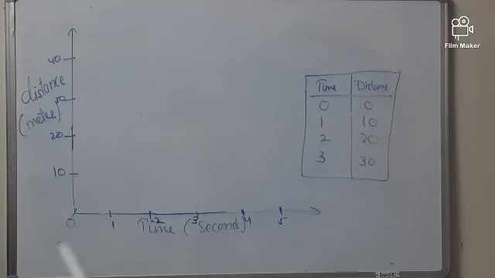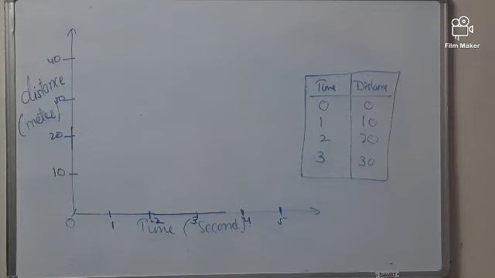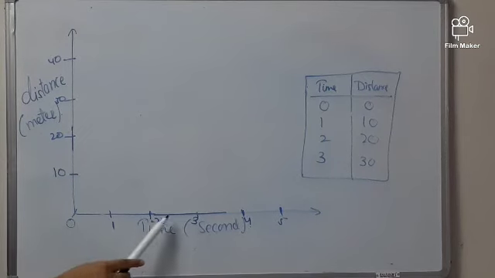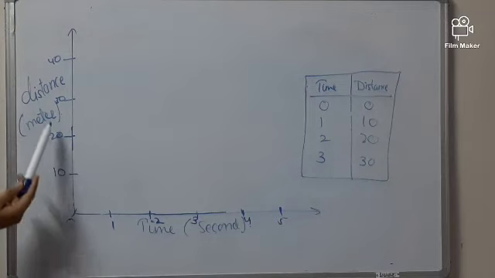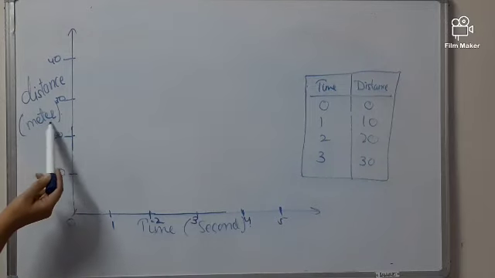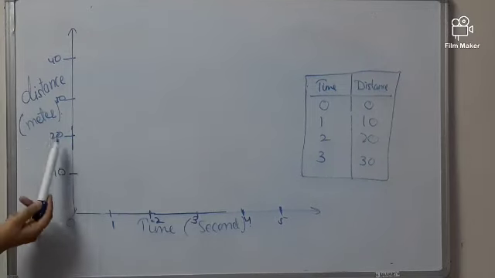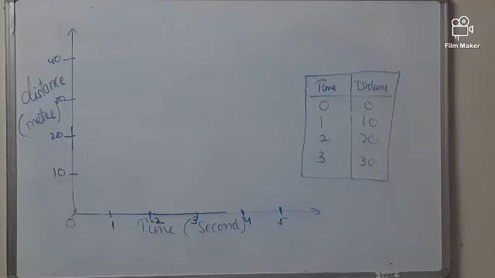With time I have written second, so these 1, 2, 3, 4 are not hours or minutes. They are seconds: 1 second, 2 second, 3 second, 4 second and so on. Similarly on the y-axis, distance is not 10 kilometer, 20 kilometer. I have written meter here, so this is 10 meter, 20 meter, 30 meter, 40 meter. These units will give clarity about your graph.